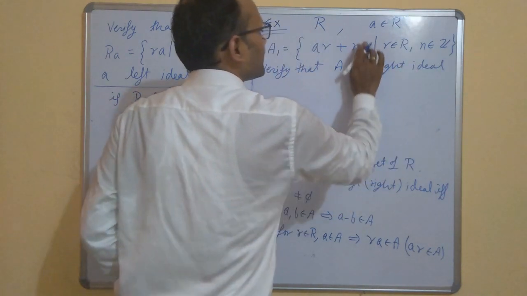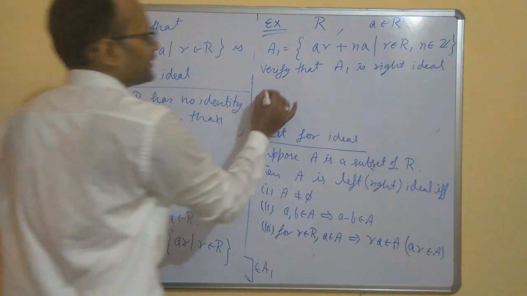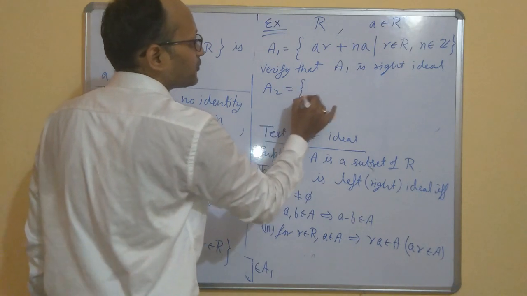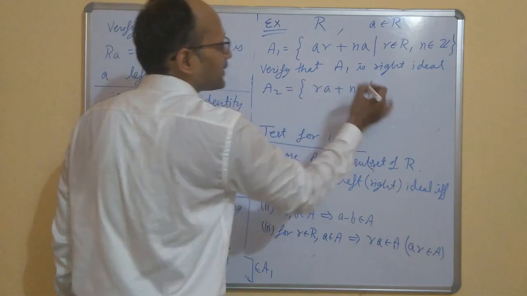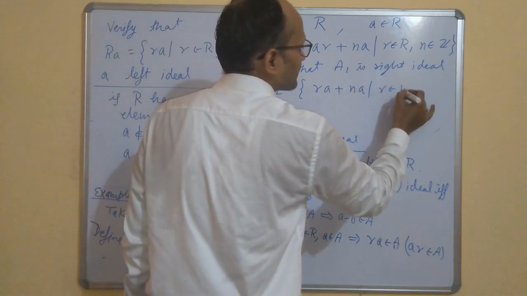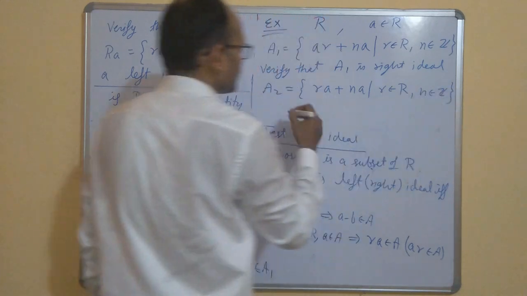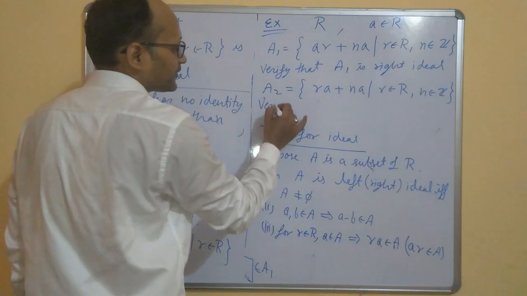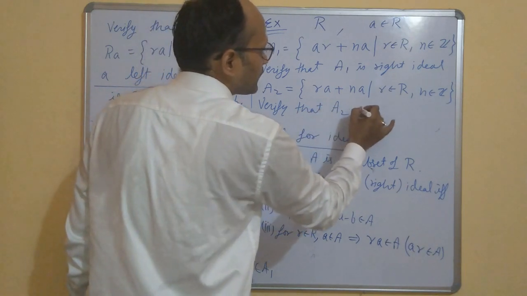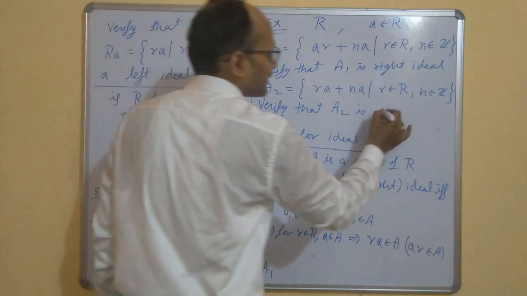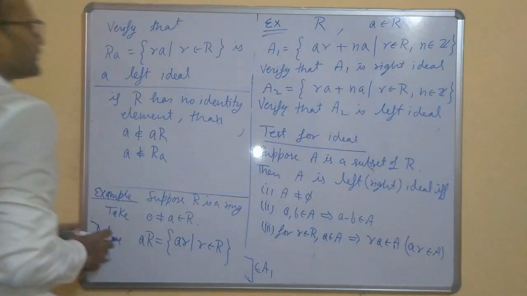Let me make a correction. This is A. This is the right ideal. And similarly define another set A2 to be RA plus NA such that R is in R and N is in Z, and verify that A2 is a left ideal.